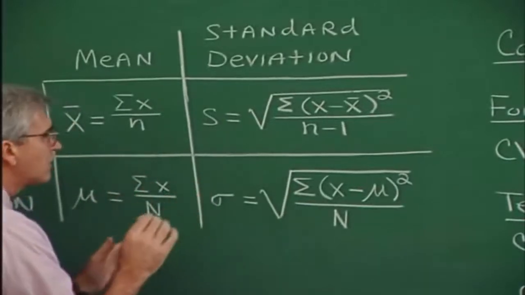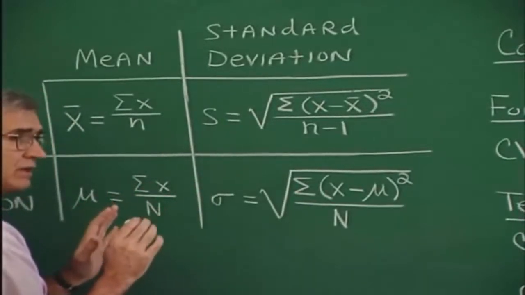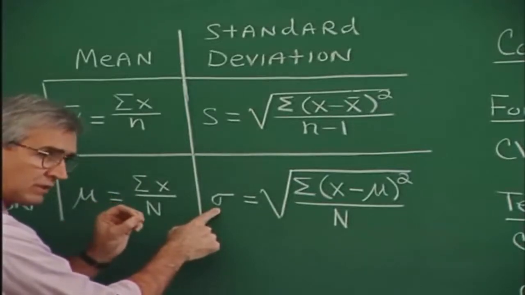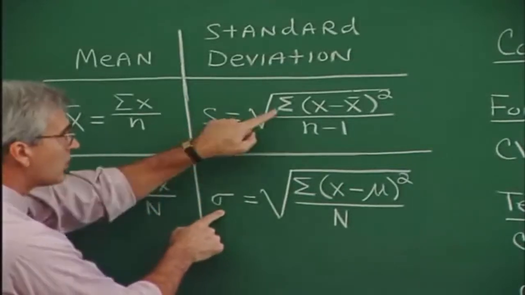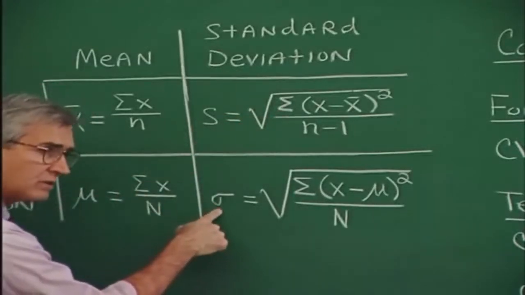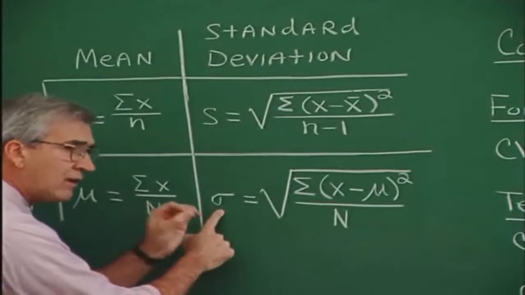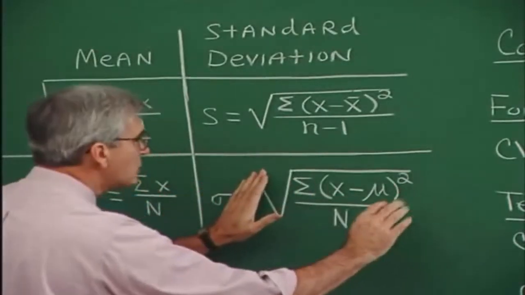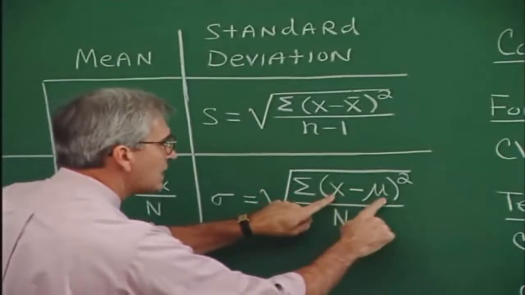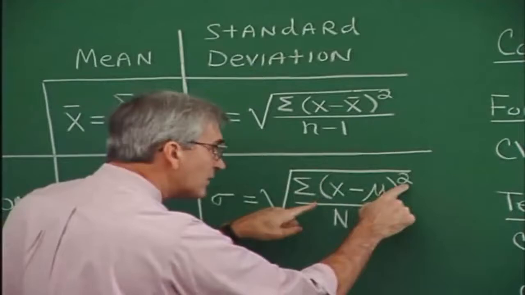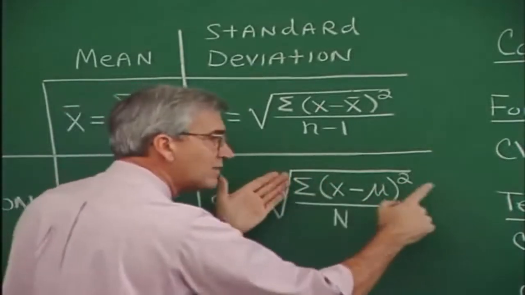The designation for the population standard deviation is this. It's designated with a lowercase sigma. Now remember, the uppercase sigma was this sigma notation for summation. Lowercase sigma is this, and that's the standard deviation for a population. And in making the calculation, notice that instead of x minus x bar here, it's x minus mu, squared, and the sum of those values.